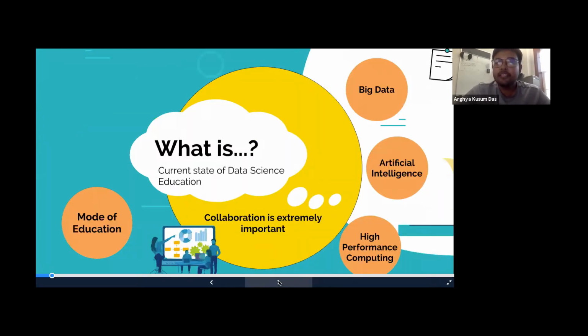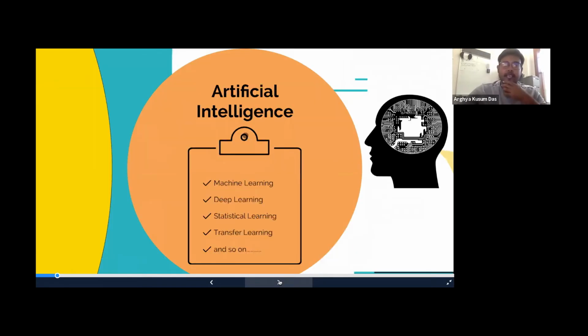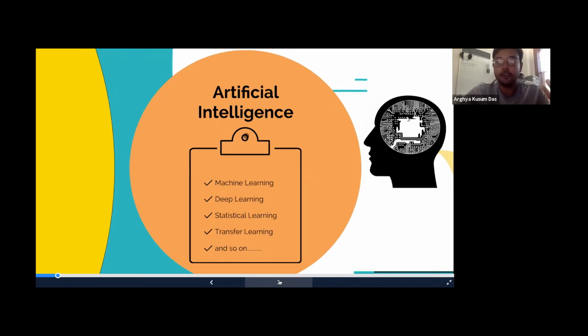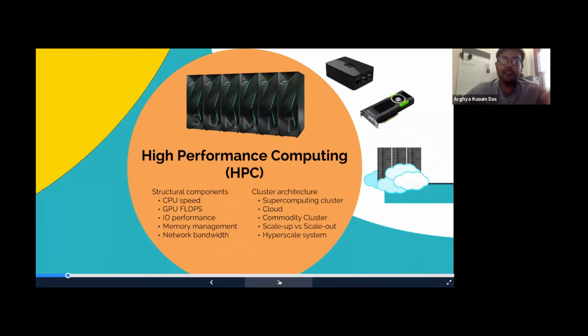The next thing is that it is not only big data analytics. There is a huge revolution in terms of artificial intelligence. It is not confined to traditional machine learning. There are deep learning, statistical learning, transfer learning, and so on. Furthermore, a revolution has happened in high performance computing.